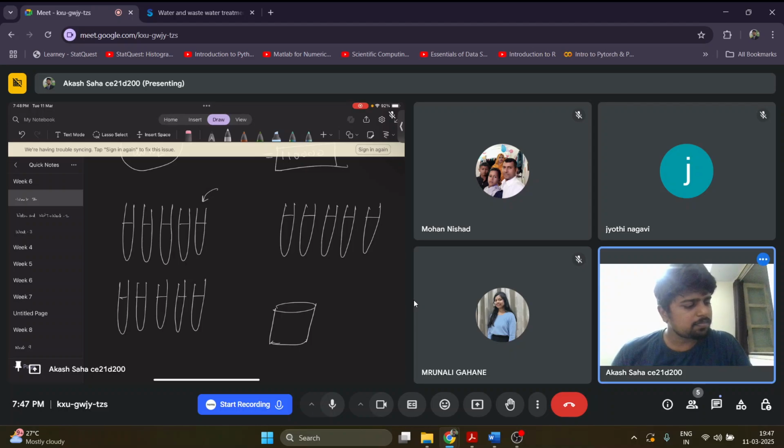So for the first set of test tubes, suppose I am taking 1 ml from here and putting it directly: 1 ml, 1 ml, 1 ml, 1 ml. So all are 1 ml. In the next set, I will dilute it 10 times and put 0.1 ml in all of these.